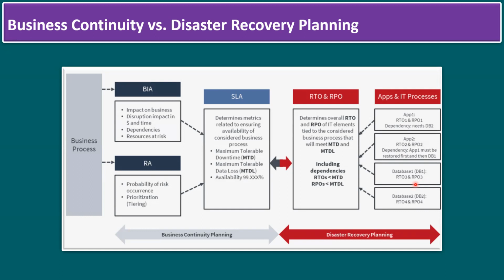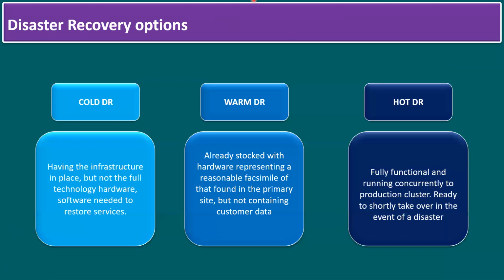Now let's understand the BCDR, or disaster recovery, options. We have options like cold DR, warm DR, and hot DR. Let's understand cold DR. Cold DR means having the infrastructure in place, but not the full technology, hardware and software, needed to restore.